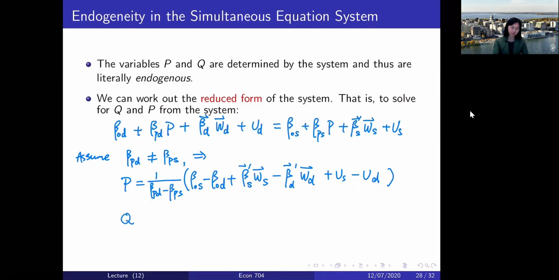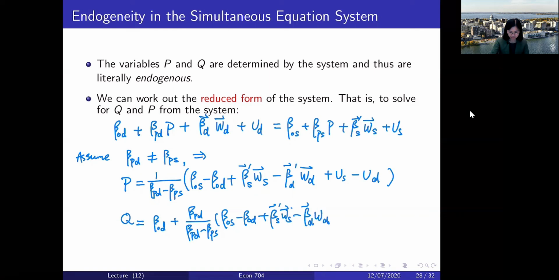And similarly, you can plug that into one of the equations to obtain Q, and Q will be beta 0D plus beta PD divided by the difference of beta PD and beta PS, plus beta DWD plus UD.